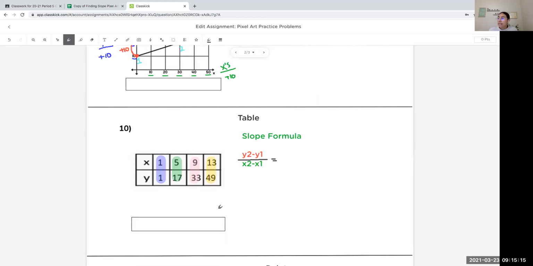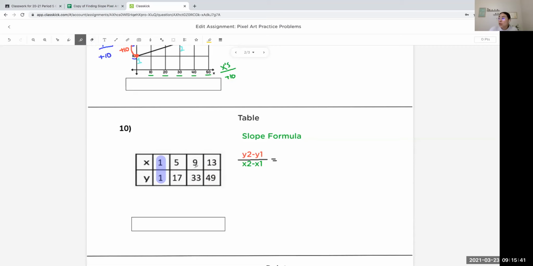So you can go in here and pick any ordered pair you'd like to work with. For now, I'm going to pick this pair. The reason why I'm picking 1 and 1 is because it's so much easier to subtract or add 1. That's not hard at all.